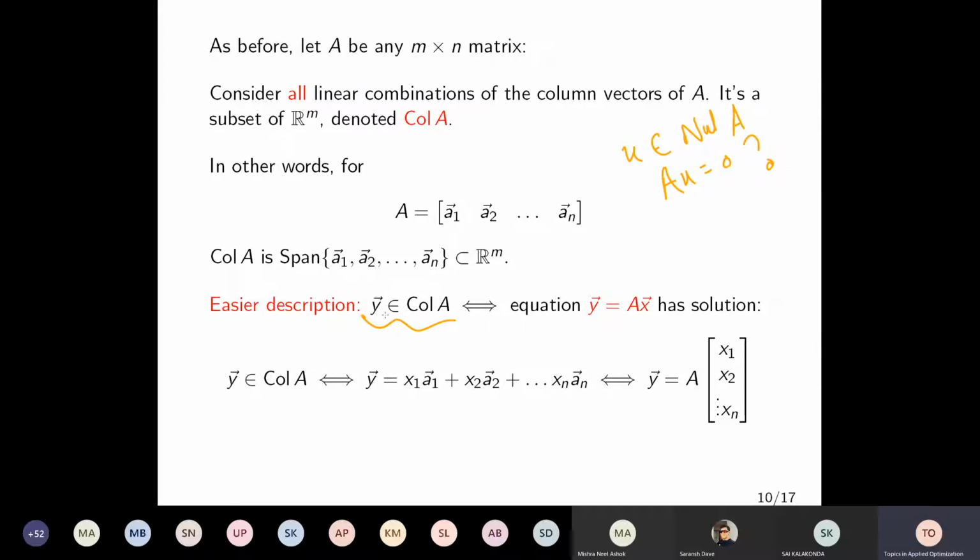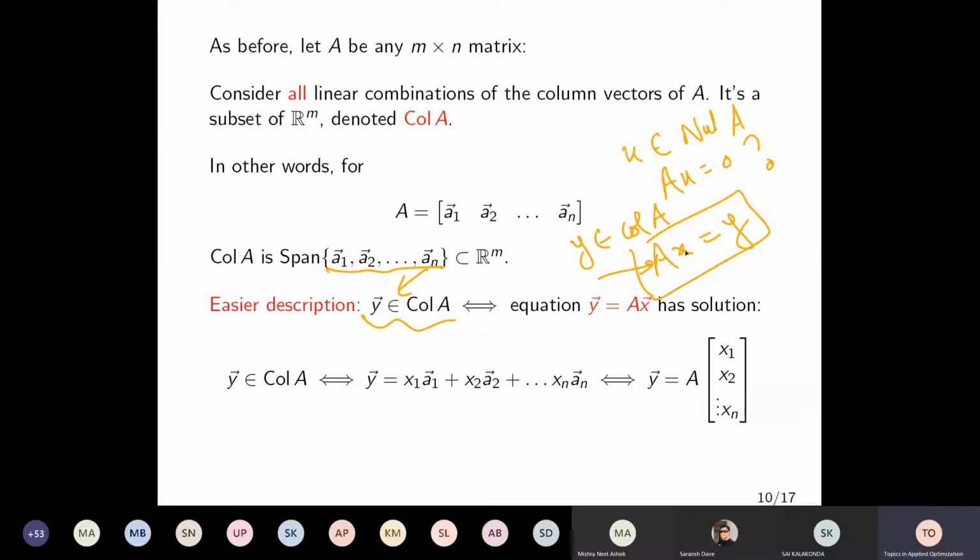Now you are asking whether y is in the column space of A. This is the same thing as asking whether Ax equals y has a solution. Another way to say it is that asking y to be in the column space of A is like saying y is in the span of A1, A2, ..., An.